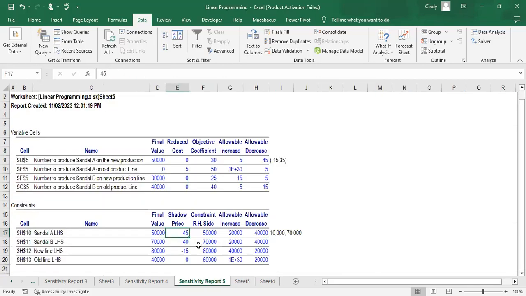And this is also telling us that if we increase this 70,000 by 1, we're going to add 40 to our total cost. And with this side, it's telling us that if we increase here by 1, it's going to reduce total cost by 15. And this is laudable because the question told us that the company has gotten a new production line.